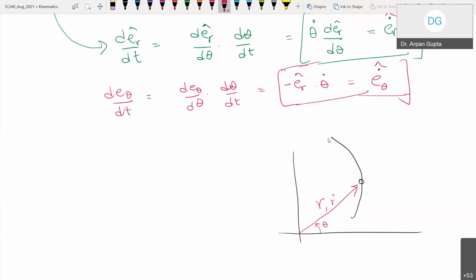And of course, we know r dot, theta dot, and theta double dot. So the idea is, can we express the velocity and acceleration of the particle using polar coordinates observed from a central position O?